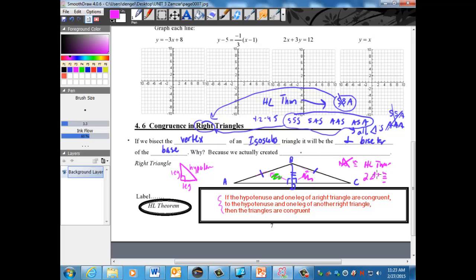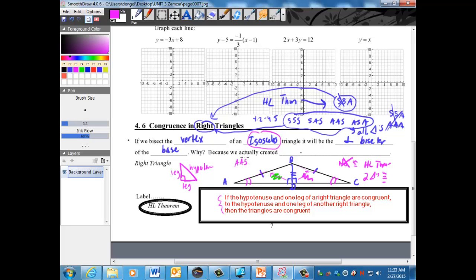All right, now why does the HL theorem work? Well, here's why. Remember that we were told at the beginning that this is an isosceles triangle. That means its sides are congruent and base angles are congruent. And that's the big one, because when I draw in these base angles, now you see angle, angle, side, and angle, angle, side.